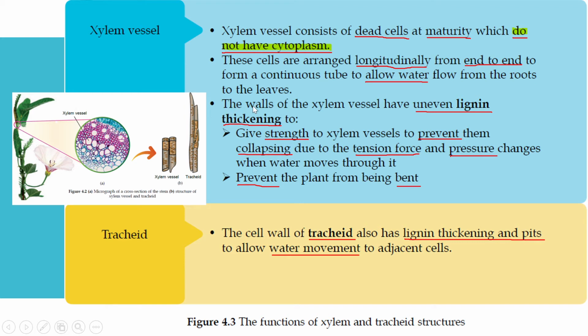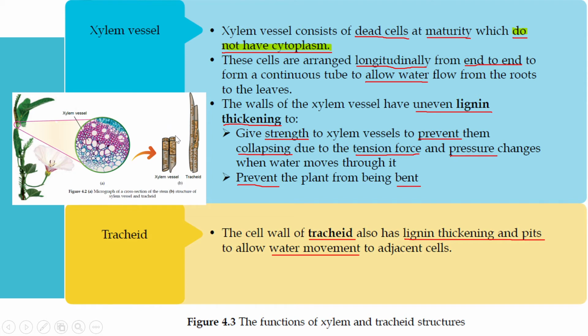And then this is a fact that you need to know: their walls have uneven lignin thickening, which gives them strength and prevents them from collapsing because of the tension force and pressure changes when the water is passing through. So imagine this pipe is not strong. Imagine the water flowing in here with those tension forces and also the pressure changes, sometimes high pressure. How is it going to affect this tube?